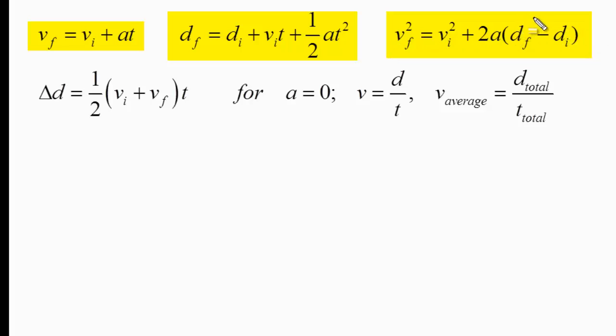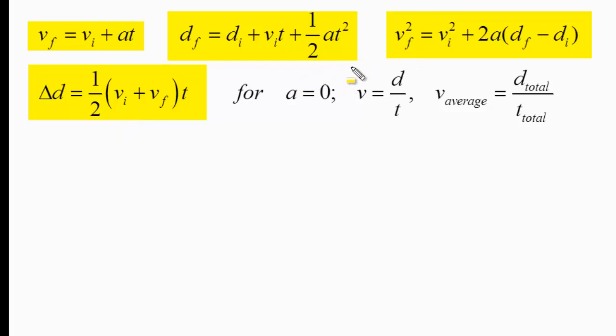No time, you can use this one. No final velocity, you can use this one. No distance, you can use this one. And then there's this extra one right in here that works. I'm not real fond of it, to be honest, because I like the calculus-based ones better, but it works just fine in our classes. So if there's no acceleration, or you don't know it, you can use this one.